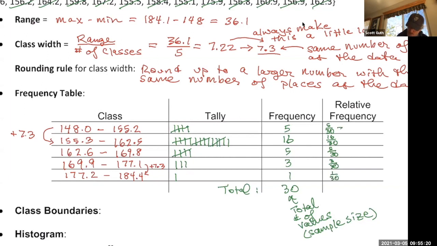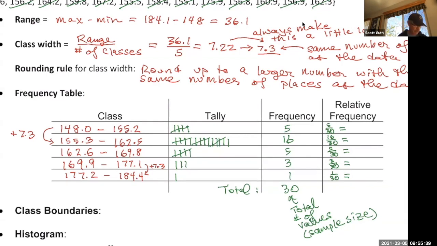And then usually we would convert these to proportions or to percentages. When we say proportion, we usually mean just a decimal between 0 and 1, not a fraction.